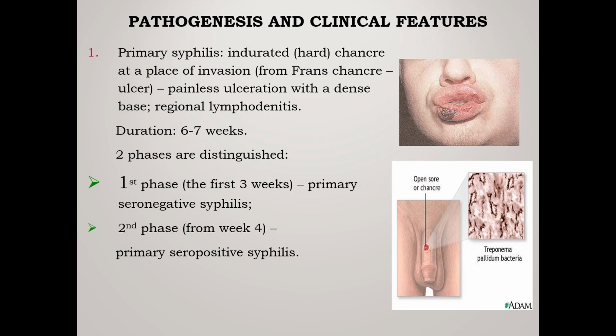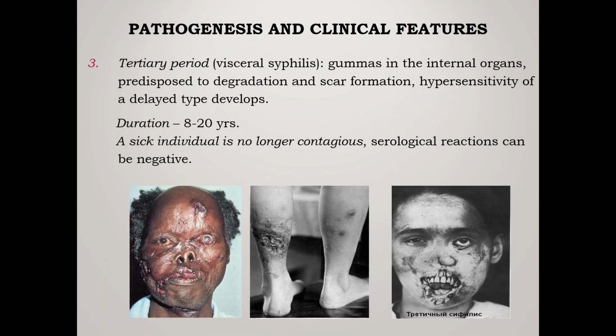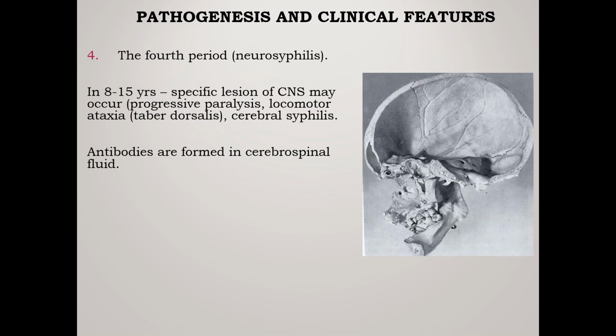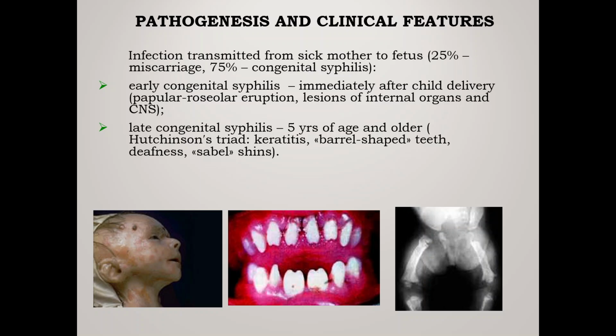Pathogenesis and clinical features: I explained about it, I will not repeat. I hope you will read and understand the clinical symptoms. And I want to explain to you about congenital syphilis.